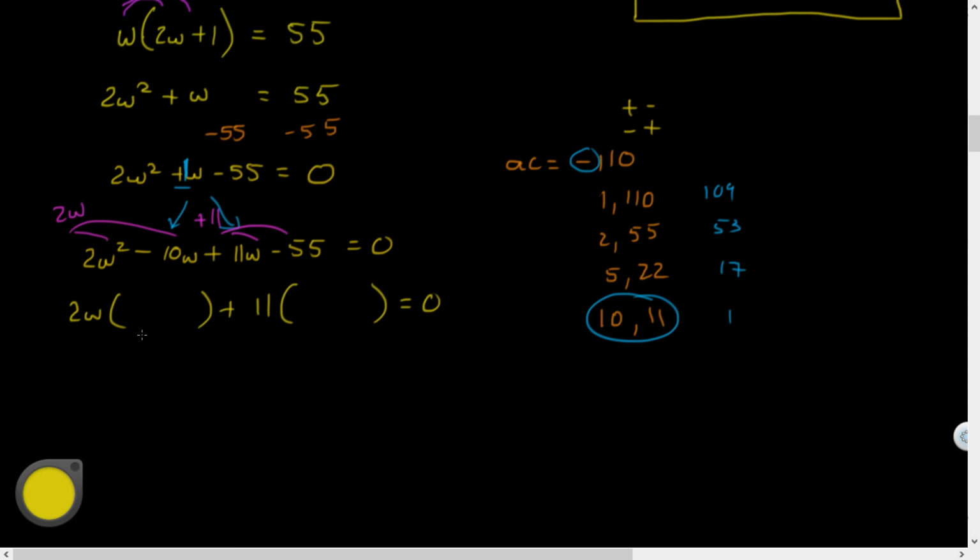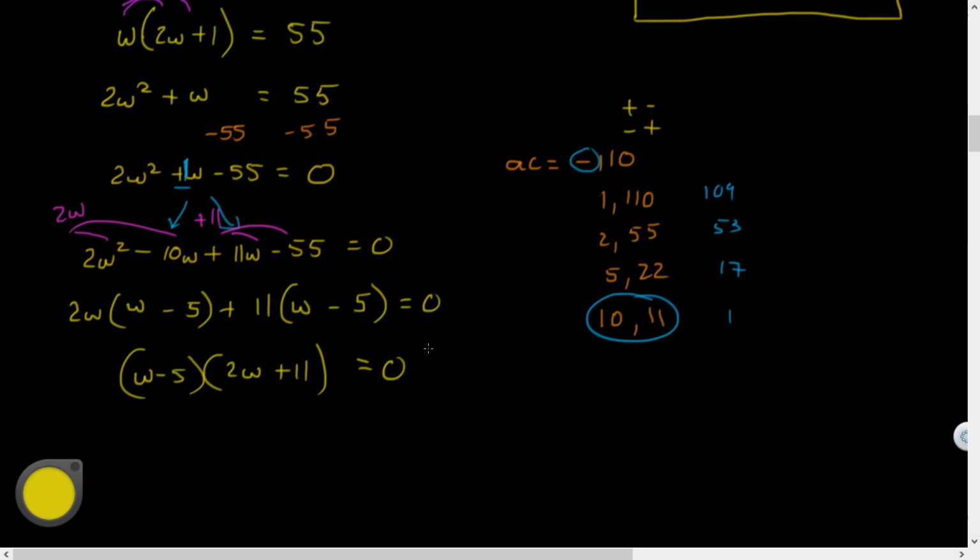Lots of stuff going on in this problem, right? 2w times w is 2w squared, and 2w times negative 5 is going to be negative 10w. 11 times what is 11w? Yeah, w. And 11 times what is negative 55? It's got to be negative 5. And hey, our parentheses match. So I've got w minus 5 in one set of parentheses and the GCFs in the other, so 2w plus 11.